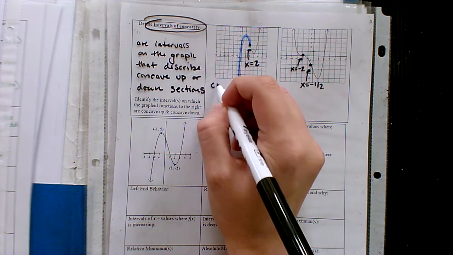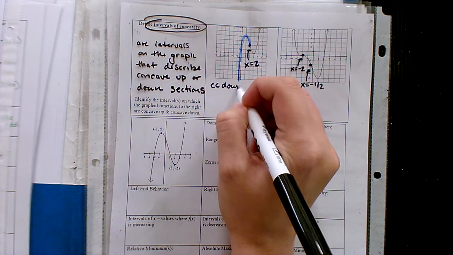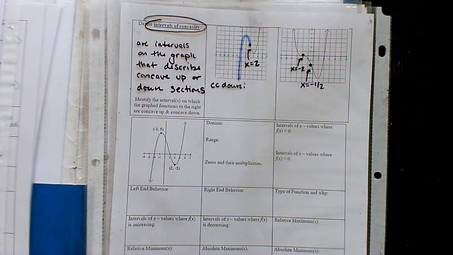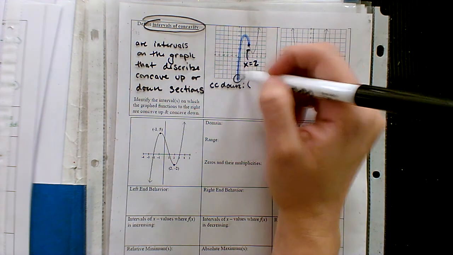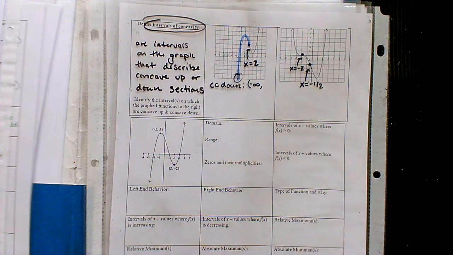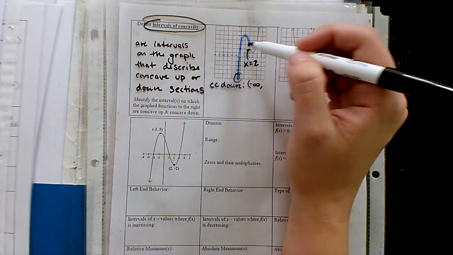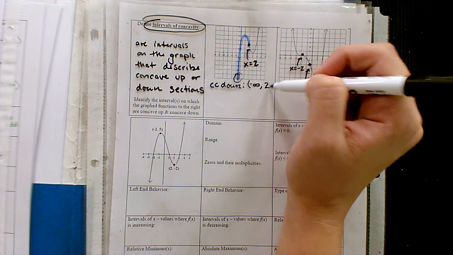So we're going to classify this as concave down. I'll abbreviate CC for concave. So concave down, and if we write the interval, notice how, since we have an arrow, we can go forever to the left, negative infinity, and if we stop at the point of inflection, we're going to have to stop at the x value of 2.